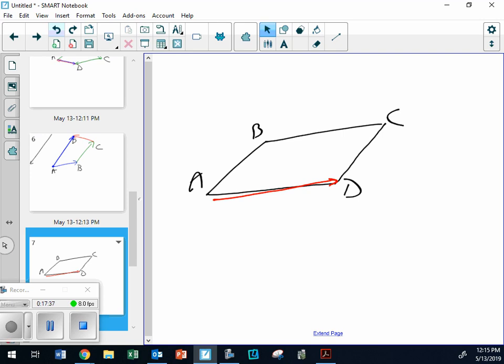I know you can tell I didn't draw it perfectly because of how it's not lining up nice. But that and that are the same direction and they're the same length. If this is really a parallelogram, these have to be, by definition, the same length and the same direction. So then that makes them the same vector. Do you get that this is also another set of vectors? AB is the same as, be careful of the order you say it in, AB is the same as DC.